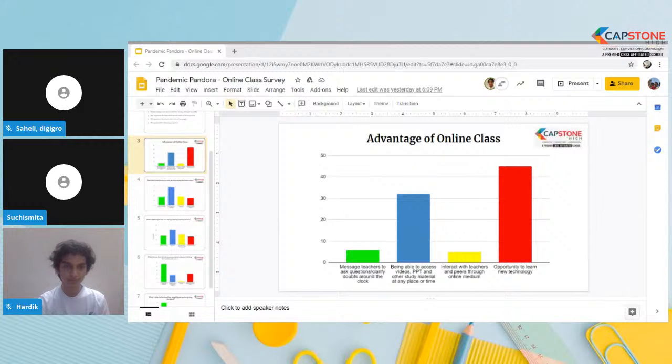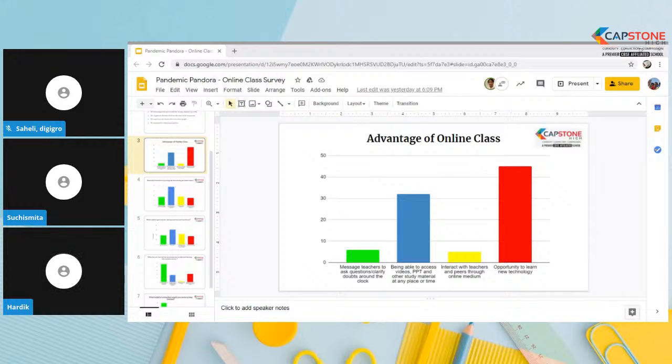Hardik, are you comfortable with the portal? Yes, ma'am. Ma'am, when do I need to join exactly? In a minute, just as the meeting gets over, I'm going to write down the time of every child when he or she needs to be here, and I'm going to share it with you right away, maybe in half an hour, 45 minutes, so that this confusion of the sequencing of the events doesn't happen.